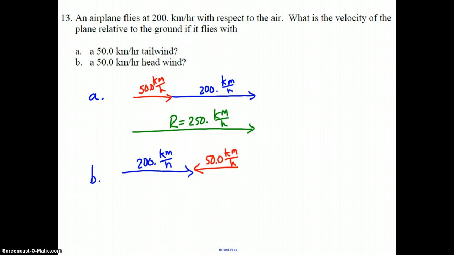Here we can clearly see that we have two velocities that are at 180 degrees to each other. This would produce the minimum value of these two vectors. And so our resultant would be that the plane would only have a net speed, or a speed relative to the ground, of 150 kilometers per hour.